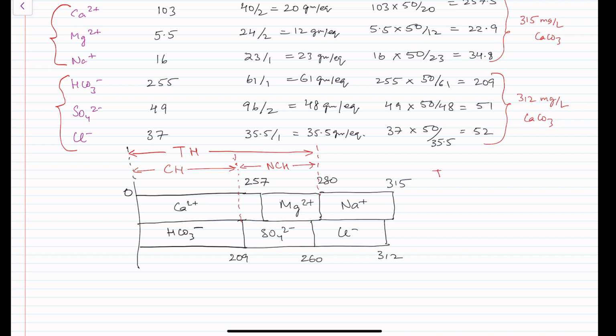So total hardness would be 280 milligram per liter CaCO3, the carbonate hardness would be 209 milligram per liter of calcium carbonate, and the non-carbonate hardness would be 71 milligram per liter CaCO3. So that's how we can use the chart to get a visual estimate of the different constituents in our water sample.